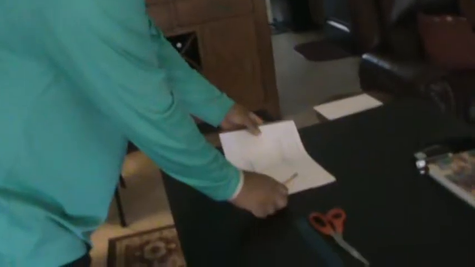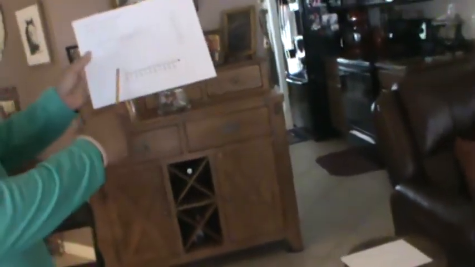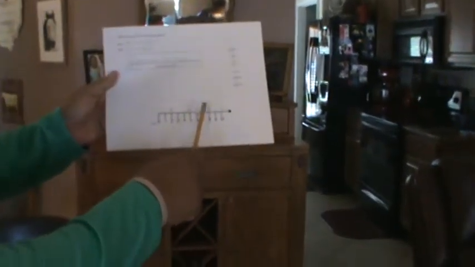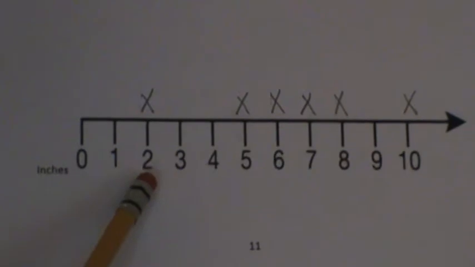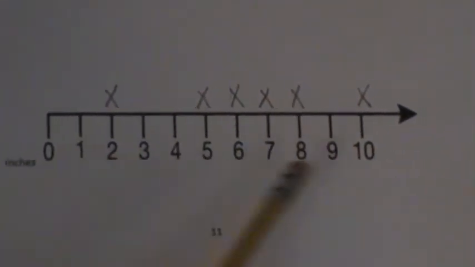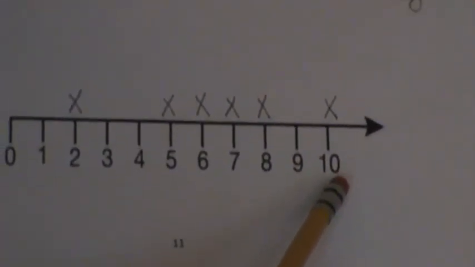And in this unique case, everything that we measured was one size. None of the objects were the same size. So my line plot graph has 1, 2, 3, 4, 5, 6 items. 6 items measured. The smallest thing measured was 2 inches, the paper clip. The largest thing measured was 10 inches. That was the book. And there it is.